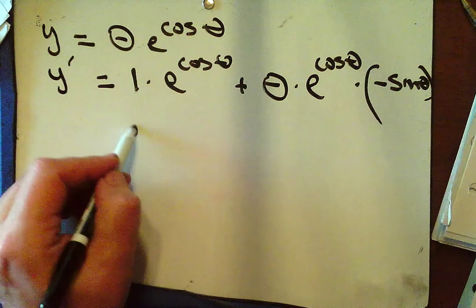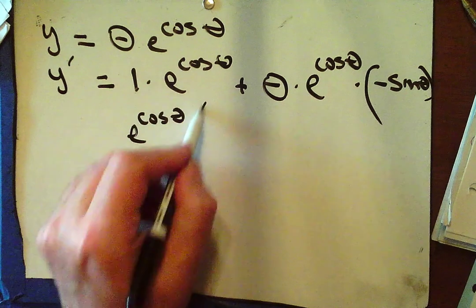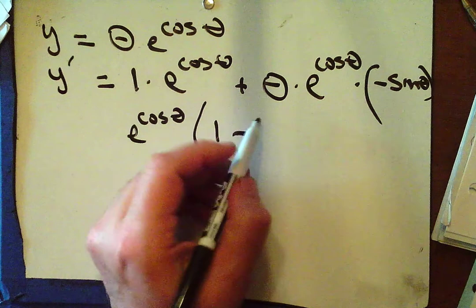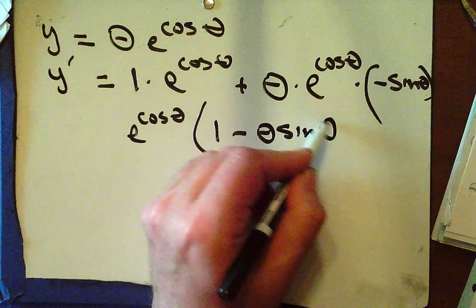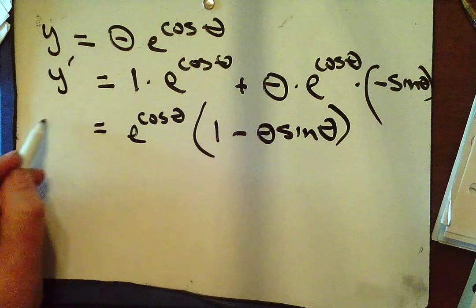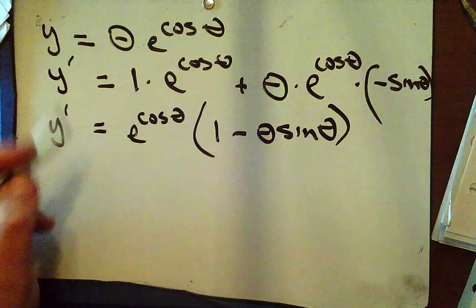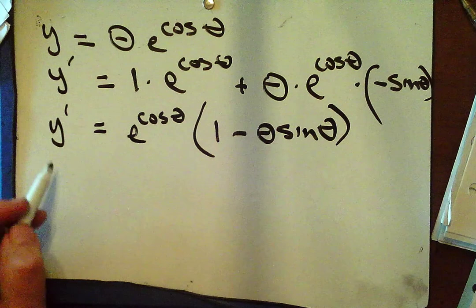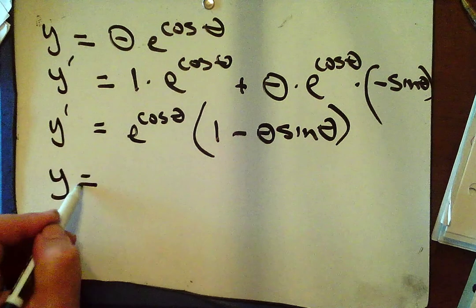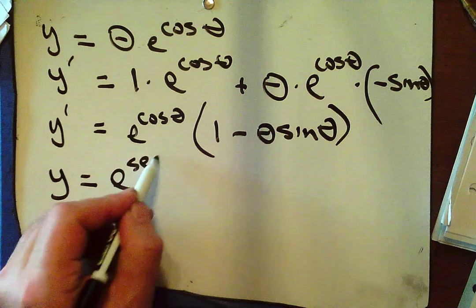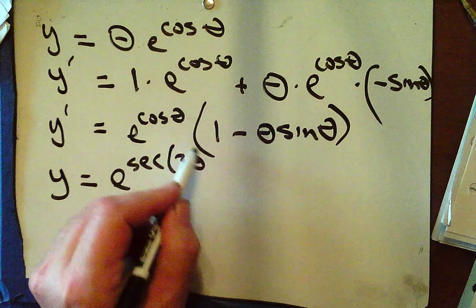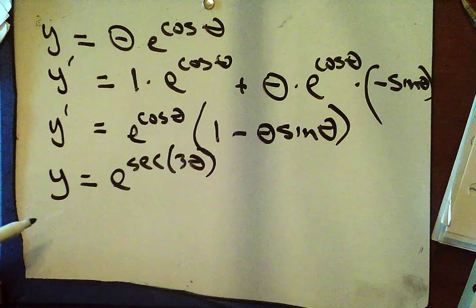Yes, you could in fact factor out e to the cosine theta and be left with 1 minus theta sine theta. So that's a multiple choice answer for your response. All right, next one. What about y equals e to the secant 3 theta? Find y prime, please.